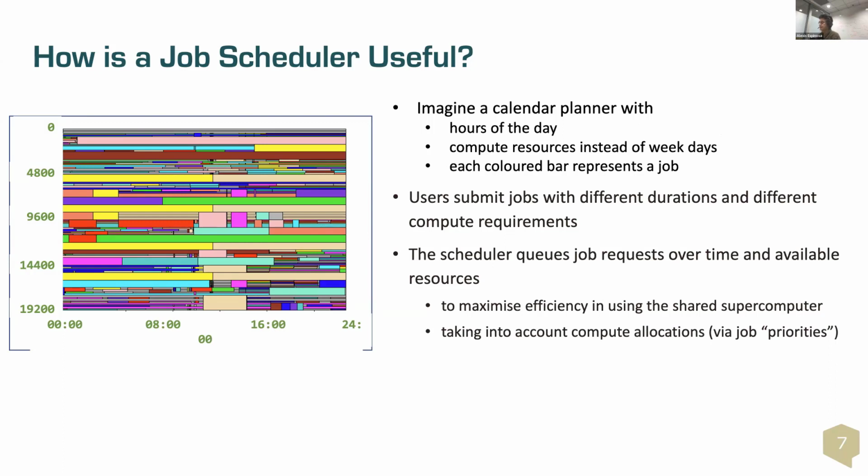That is based on your own experience, on how big your problem is, your own code, etc., and you know how much time you will need. So you ask for that time. If you know that you're not going to need the 24 hours, you say, okay, my job is going to run and only use 2 hours.